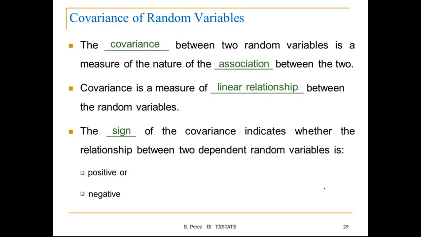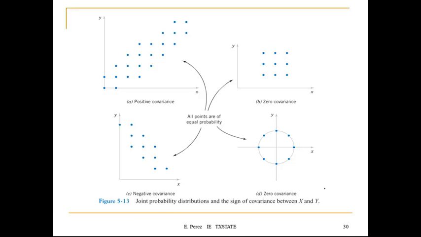So on the next slide, I'm basically showing you with this figure how these relationships are represented with the graph. So for example, when you talk about the positive covariance, every time you have a large value of x, we also have a large value of y.